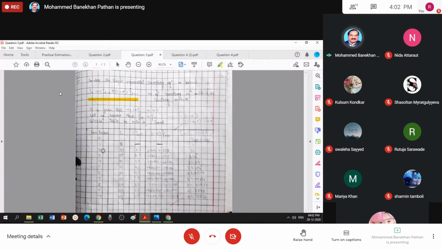Now t is 2, so y hat 1. So 31 is taken here. 31 multiplied by 0.9 is the calculation for t equal to 2 with this column. Now this plus this is the third column. That is the answer of y hat t by this equation.